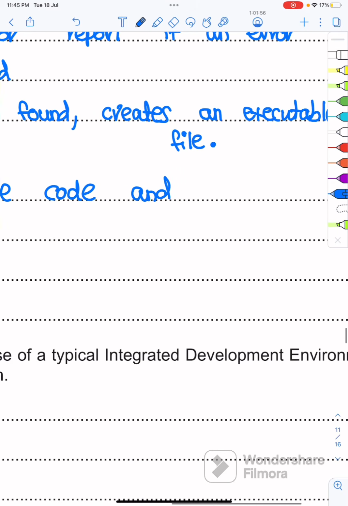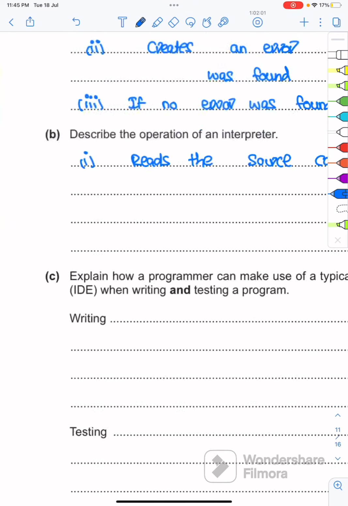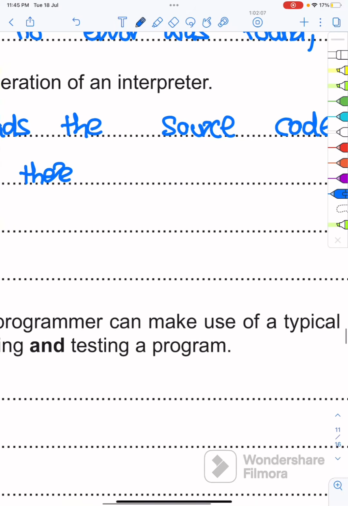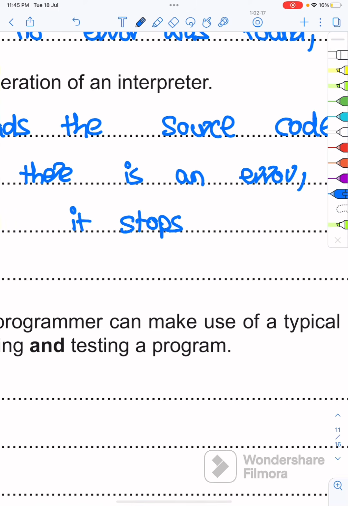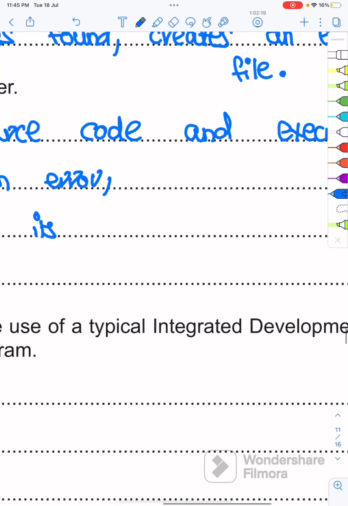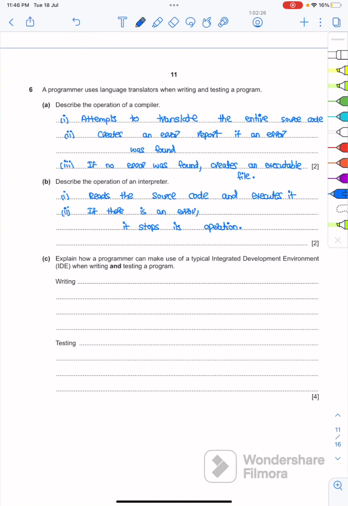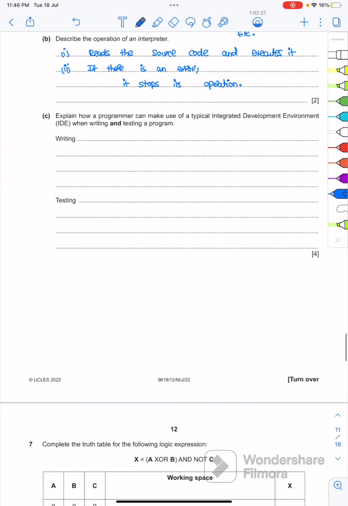But the difference is, if there is an error, it stops its operation. So that was 4 marks for describing both a compiler and an interpreter.